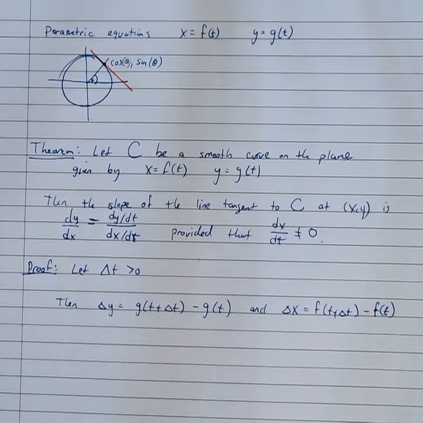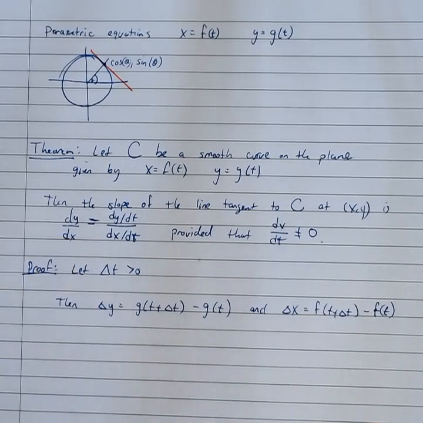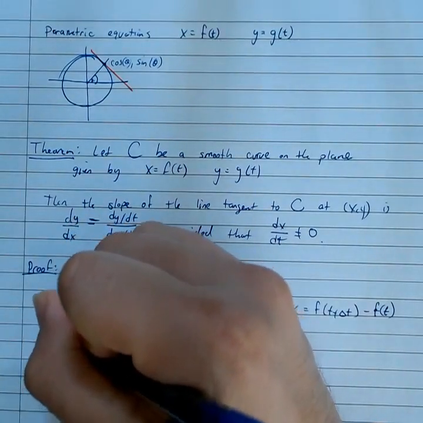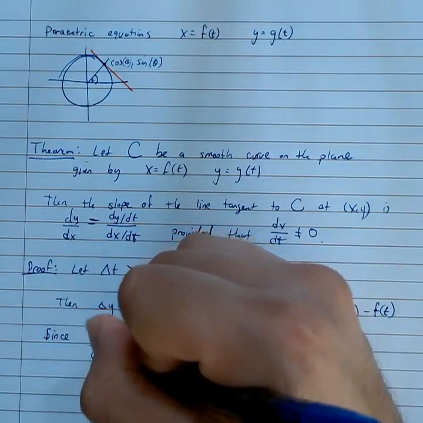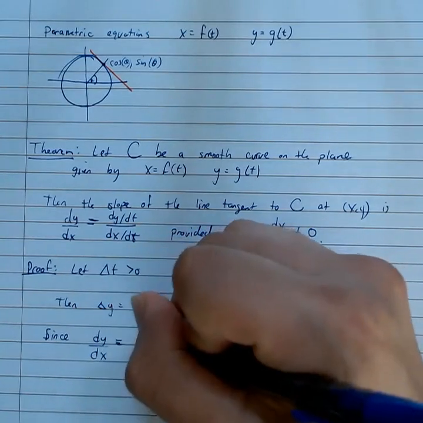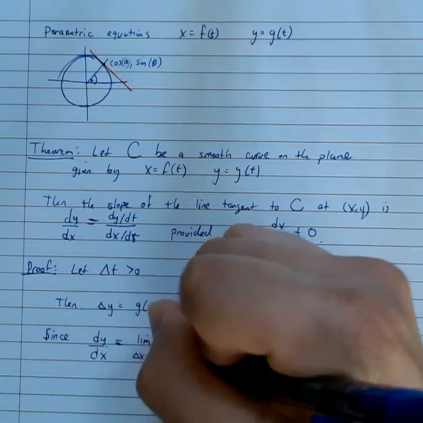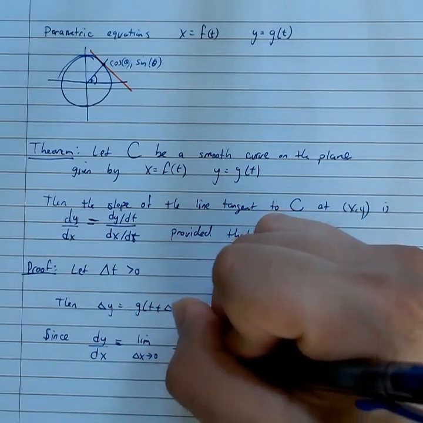Now, if I want to find the derivative of y with respect to x, I know that's got to equal the limit as delta t approaches 0 of delta y over delta x.